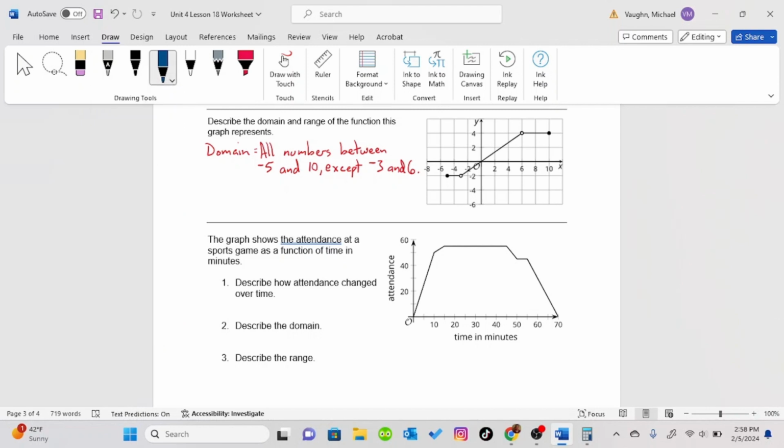The range represents the y values. So this represents all numbers, because we have the solid line, between, it starts down here at -2 and it ends up at 4.